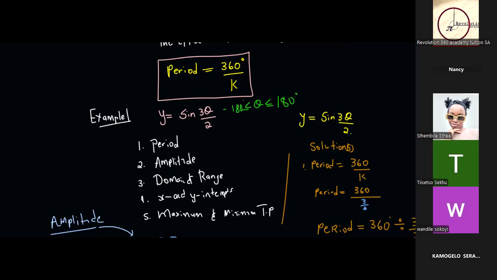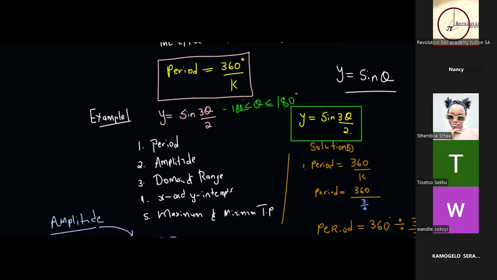Remember, I told you the other day that for you to master how to draw the graph of y is equal to sine of 3 over 2 theta, you must know how to draw the mother graph, y is equal to the sine of theta. For you to know how to find the domain and the range, let us draw this graph, taking into consideration that we're going to use that as our restriction.